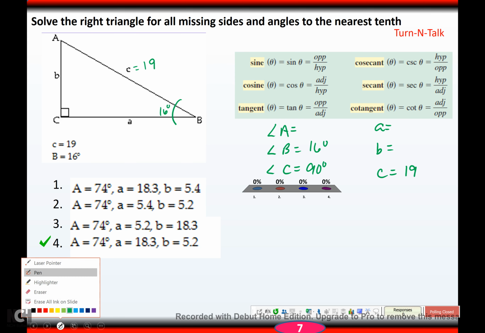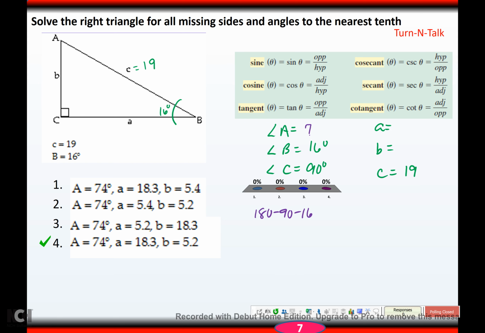So the first thing I'm going to do is find my missing angle, which I can do by doing 180 minus 90 minus 16. And I get 74 degrees. Okay, so now I know this angle.